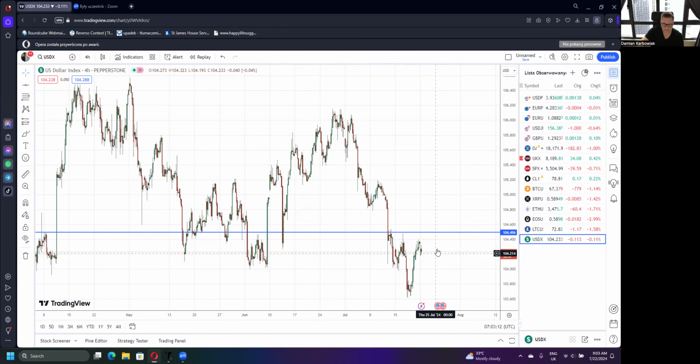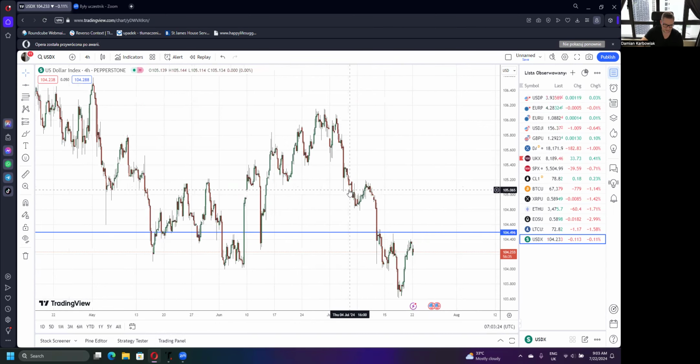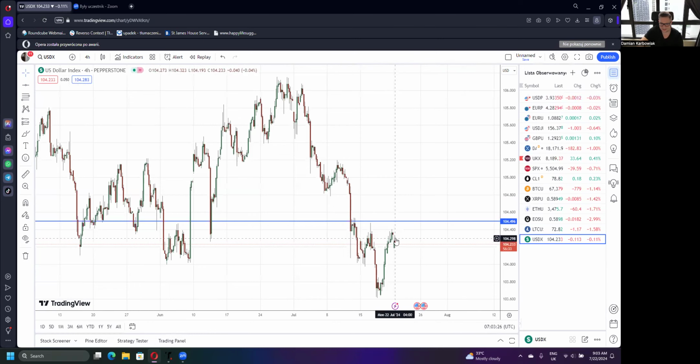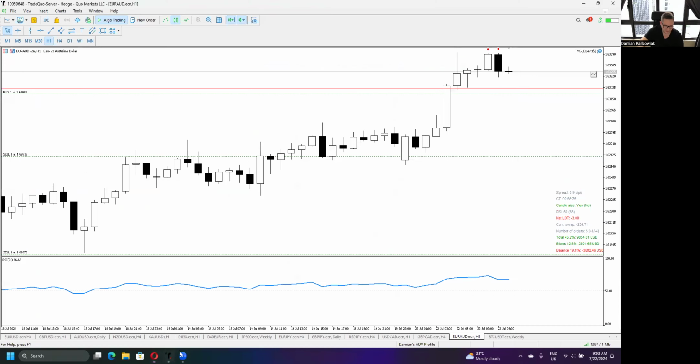Once the price goes up, touches the overbalance and then does the correction, then I will switch to sell mode only on the markets related to dollar. But right now, as I said, it's 50-50 right here. Technically speaking, they are still in the downtrend, so I can expect the correction on the markets related to dollar.